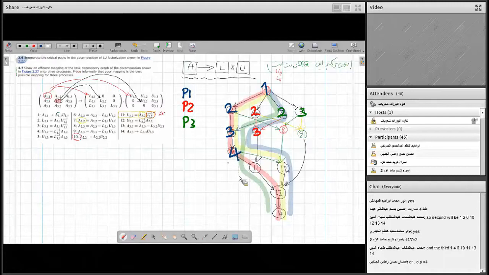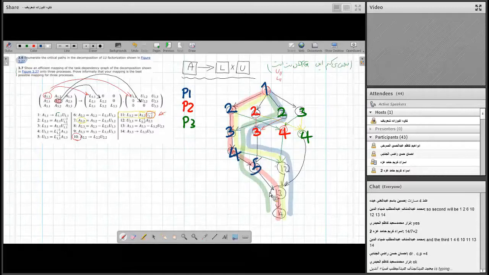Next, this process and this process and this process. Next, this process and this process, and finally these two processes, 6 and 7.